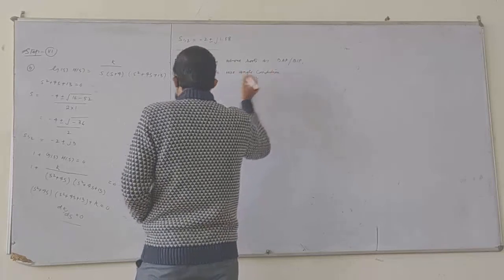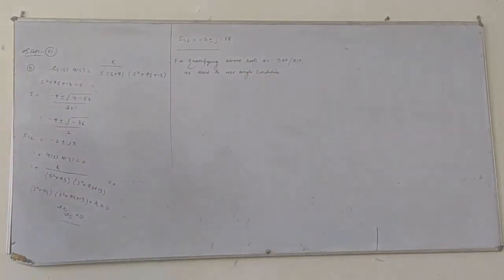What is that angle condition? The angle condition says that whenever we take the angles of these roots for this open loop transfer function, it should be odd multiples of 180 degrees.